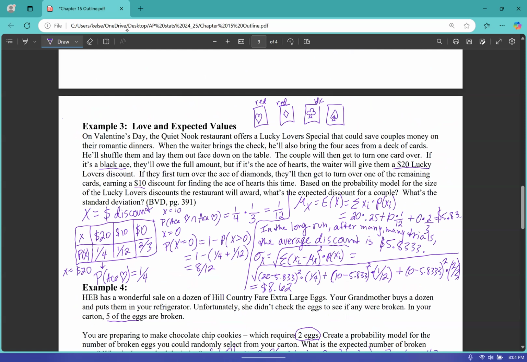And then the chapter 15 packet, you can start working on it. You should be able to do most of it, at least the first 3 sheets, front and back, because the first sheet is the bunco, and then you can do the next 2 sheets of practice problems. So you have everything you need.